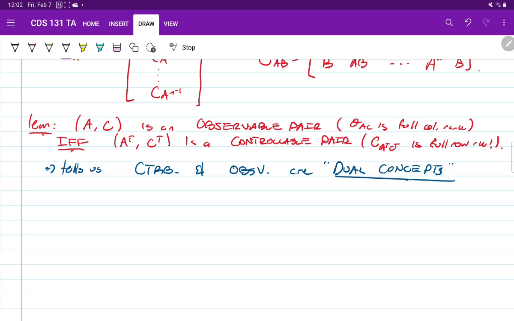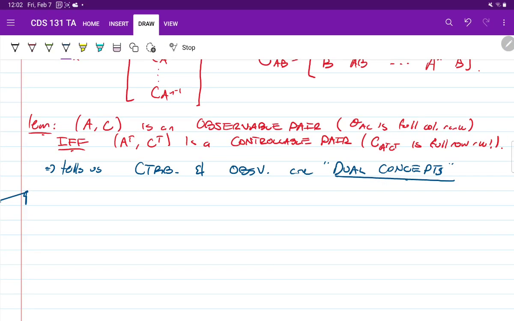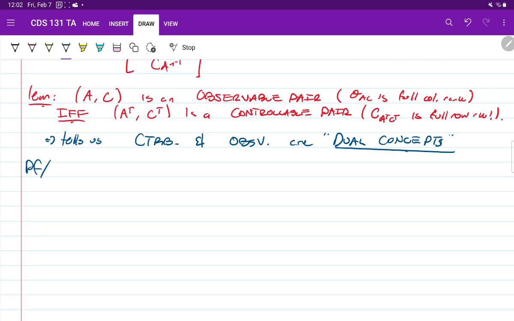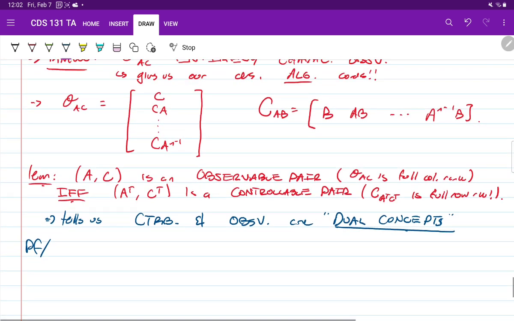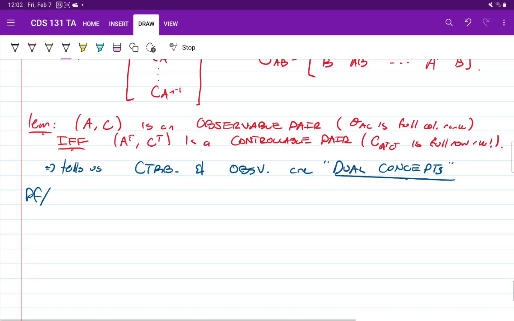So you can actually formalize this notion of duality by defining something called a dual control system to any given state space representation. Okay? But I'm not going to go through that here. All right, so let me quickly go ahead and give a proof of this result. The proof is essentially going to follow directly from the observability and controllability matrices. Okay?